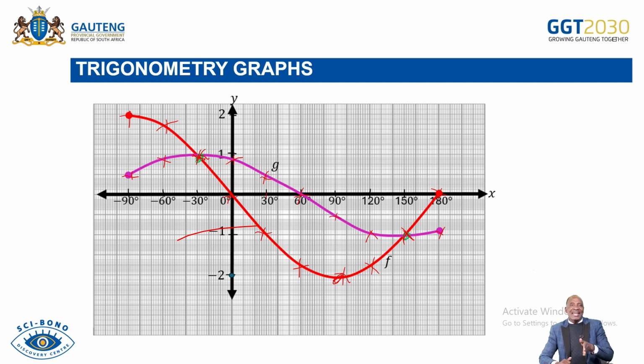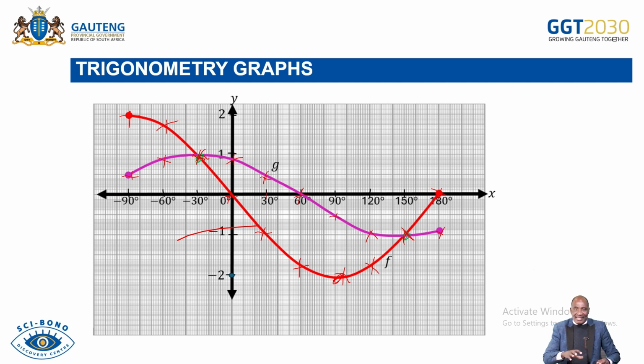So when x is negative 30, the graphs meet. When x is positive 150, again the graphs meet. Therefore, in the given domain, negative 90 degrees up to 180 degrees, we realize that the two graphs meet twice. They meet at negative 30 degrees, they meet again at 150 degrees.